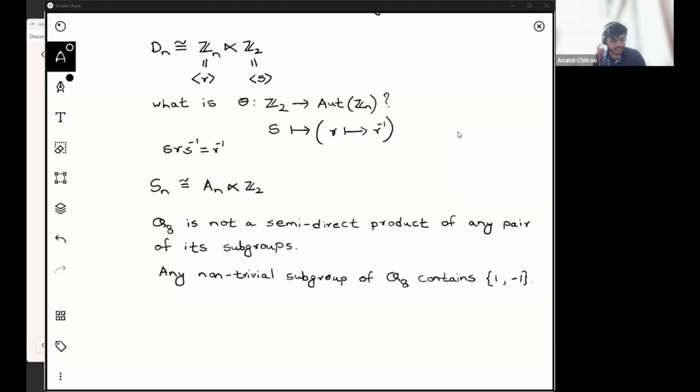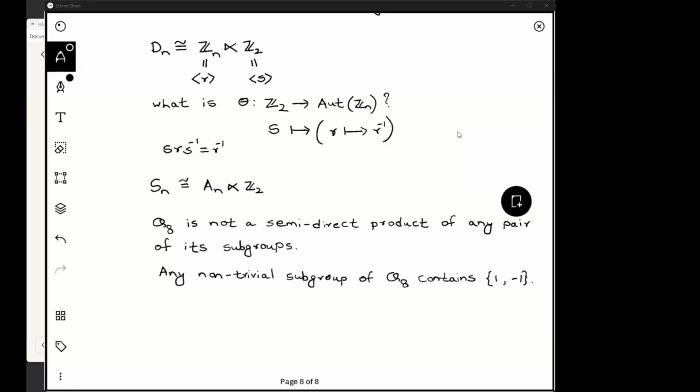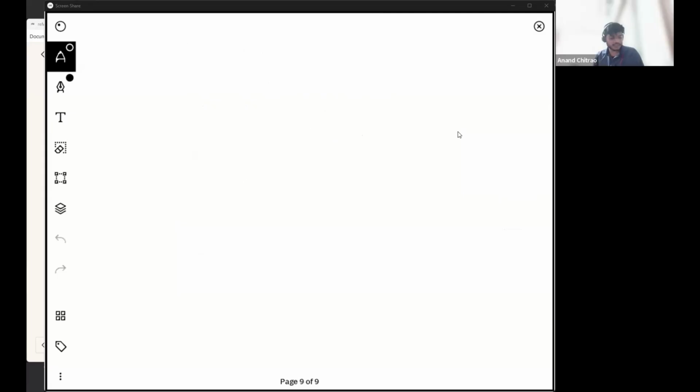So therefore, Q8 cannot be a semi-direct product. Is this clear? Yes, sir. Then we'll move on to a slightly advanced topic, Sylow's theorems.